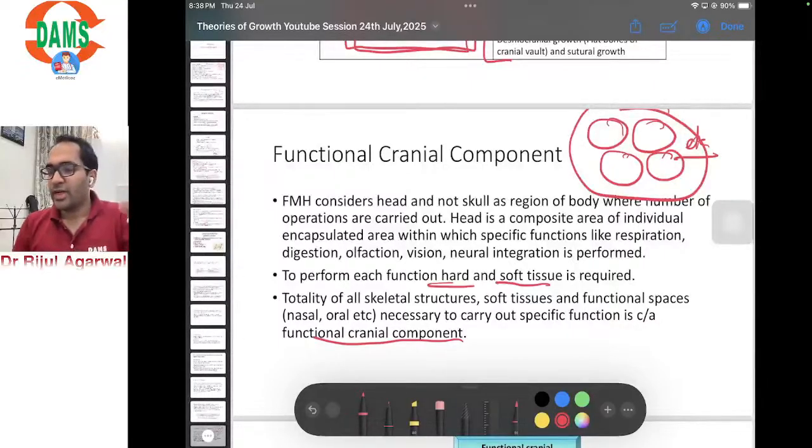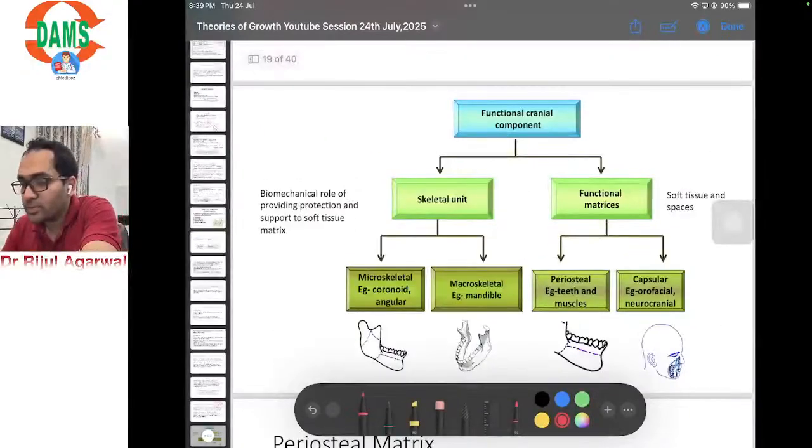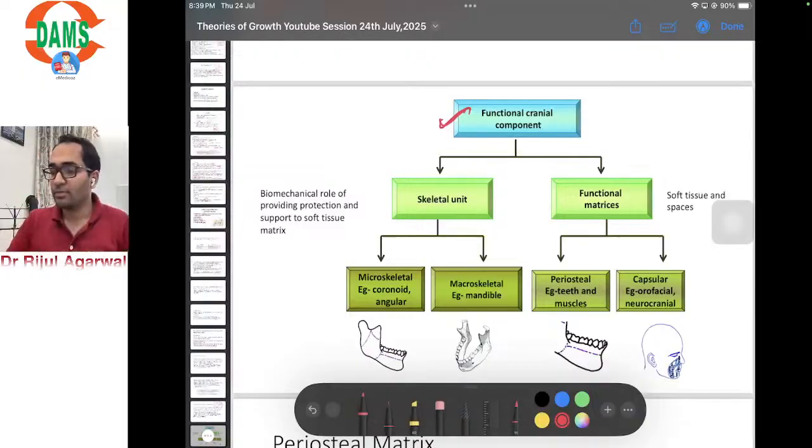So for digestion, its hard tissue and soft tissue part; for vision, its hard tissue and soft tissue part; for smell, its hard tissue and soft tissue part, and everything, and in their neural integration, the sum total of all these is called the functional cranial component. So this is the functional cranial component.